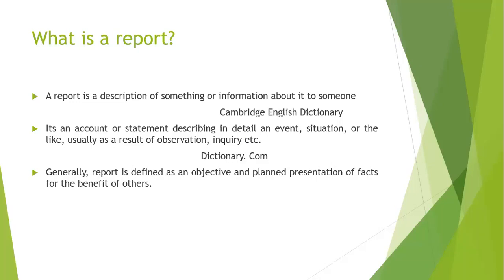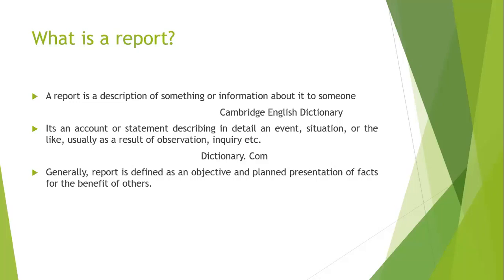Dictionary.com also defines it as an account or statement describing in detail an event, situation, or the like, usually as a result of observation, inquiry, etc. So, a report is a description or an account or a statement about something which you have gathered on the basis of observation or inquiry, and that information you pass on to someone.